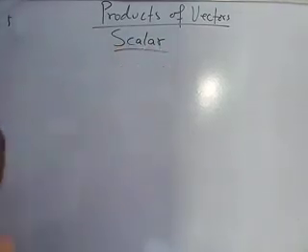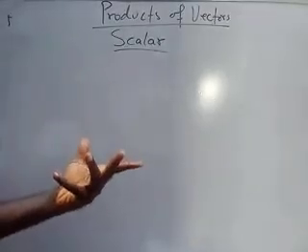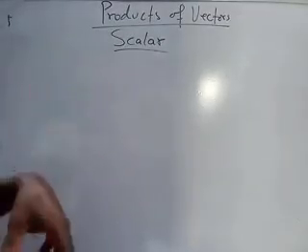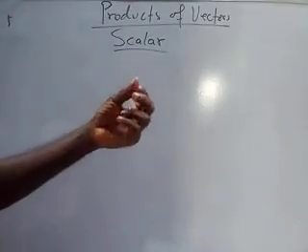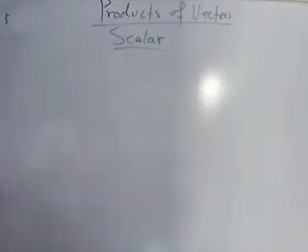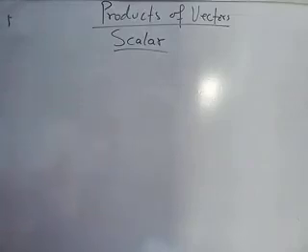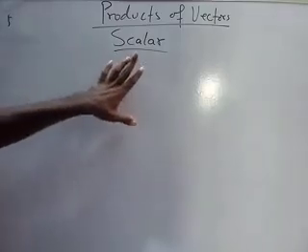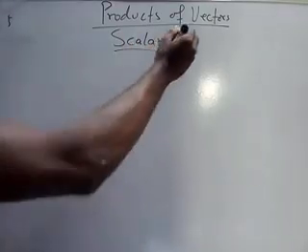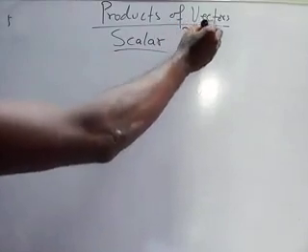The second we'll look at is the vector product, and vector products yield another vector. So scalar products yield a scalar quantity, while vector products yield a vector. So now we dive into scalar products.